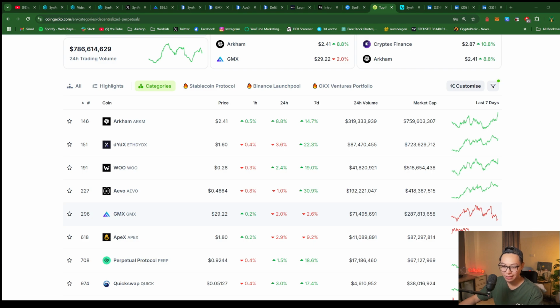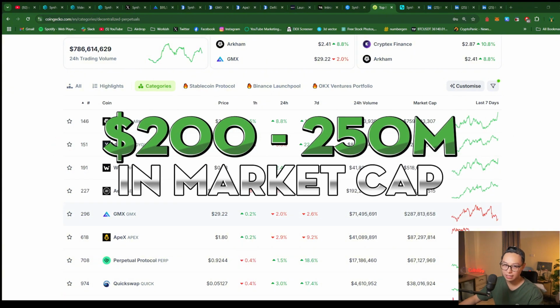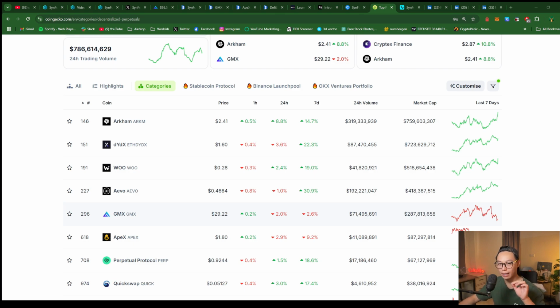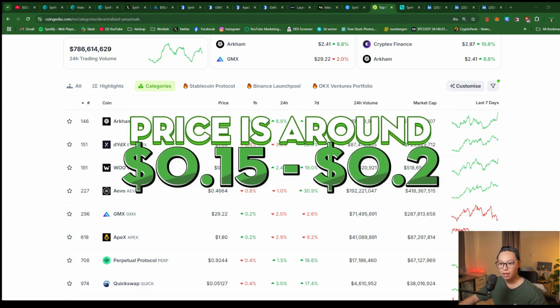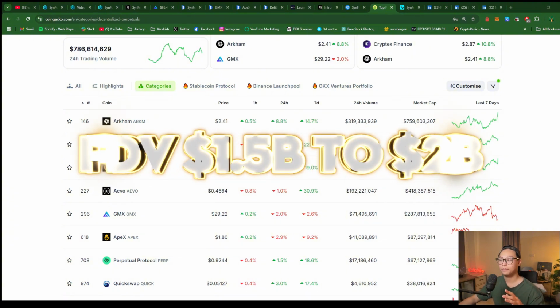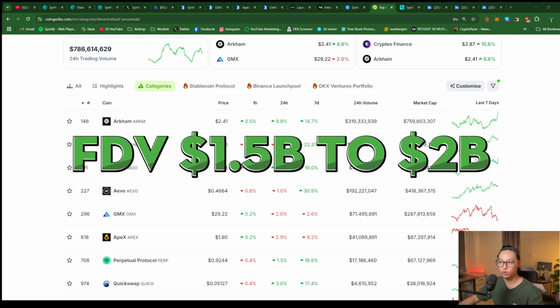I would personally think that SynFutures would be sitting at about 200 to 250 million market cap, just below GMX. That's what I think. So that would make the price of F around $0.15 to about $0.2, which turns the fully diluted valuation of SynFutures to be at 1.5 to $2 billion.